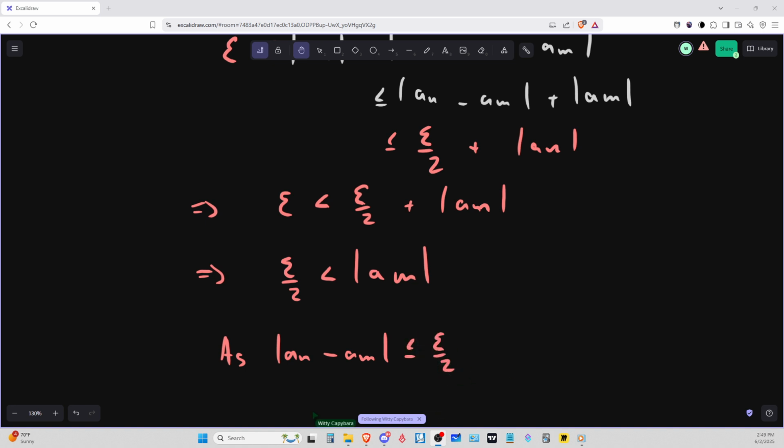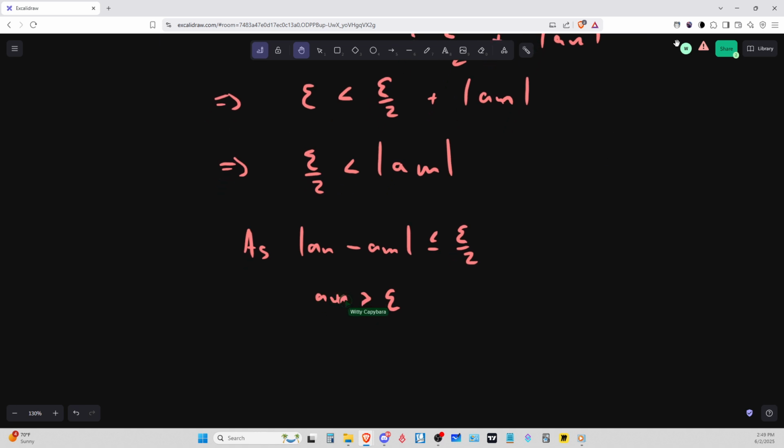We can also use that the absolute value of AN minus AM is less than or equal to epsilon over 2, and the fact that AN itself is strictly bigger than epsilon, oops, sorry, this is supposed to be an AN.